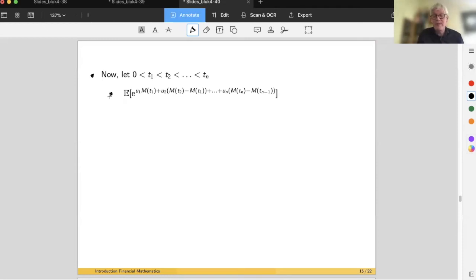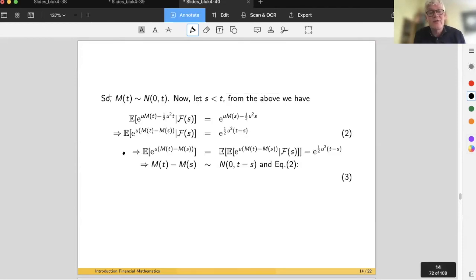And we will repeat that little trick that we did over here, that iterated conditioning, in order to get to these types of forms.